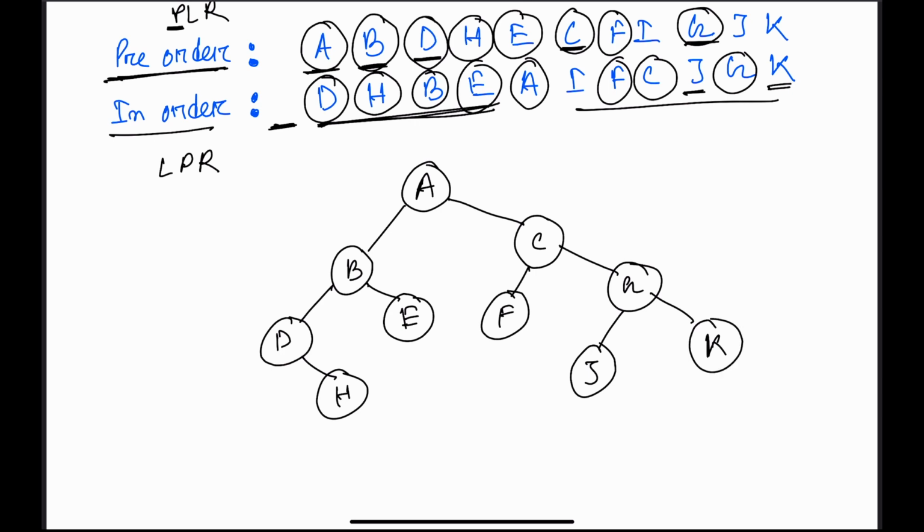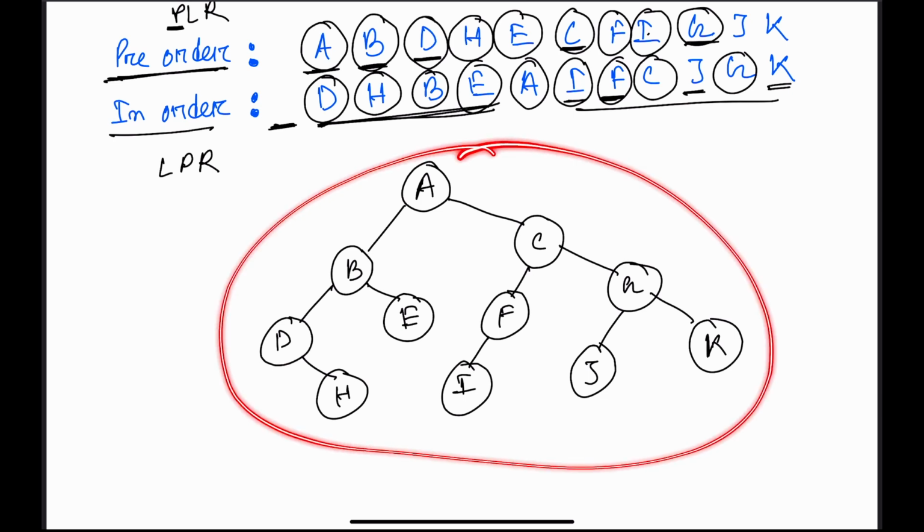But here there is I. In your traversal, F is the root here, and as I is on the left side, obviously I would be here. Correct? So in this way we can draw the tree.